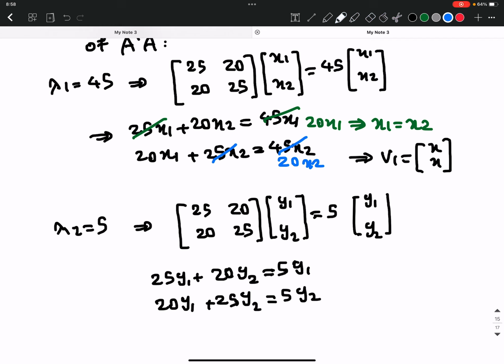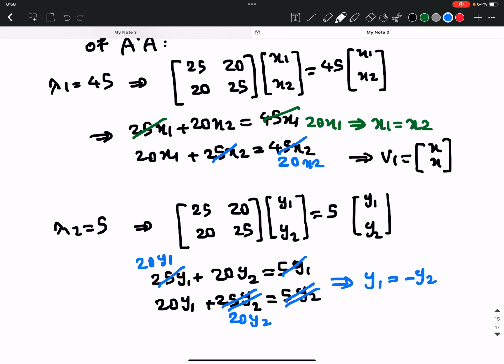So now these two cancel out. I get 20 y1. Same thing here. I get 20 y2. So all of these give me this equation that y1 equals to minus y2. Okay.